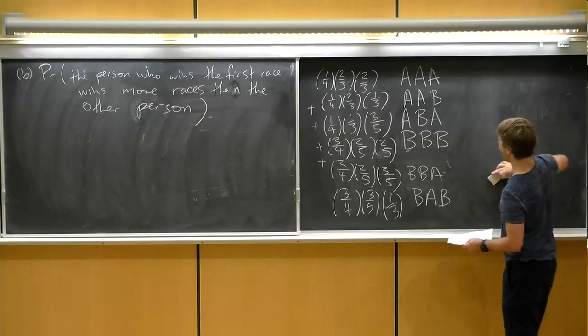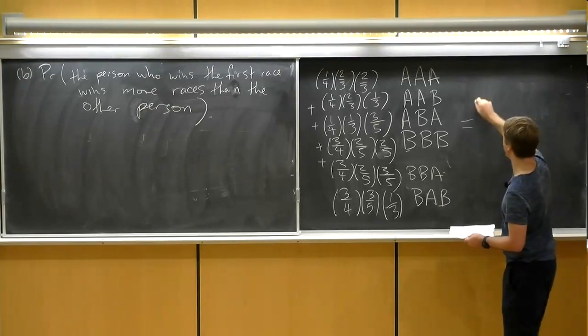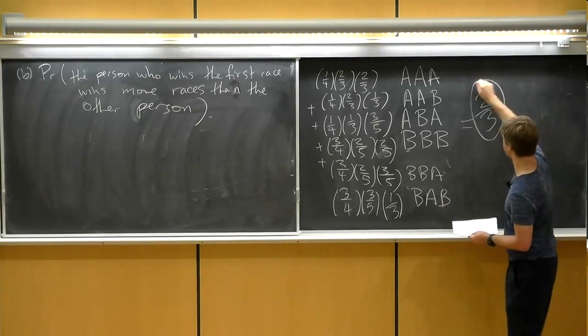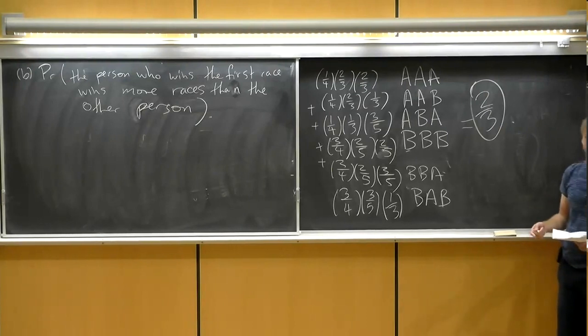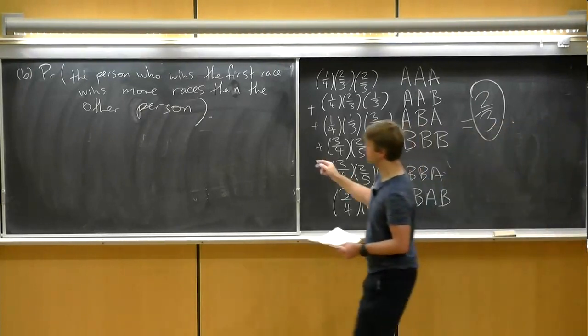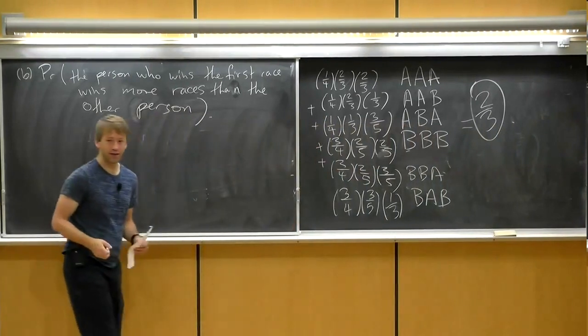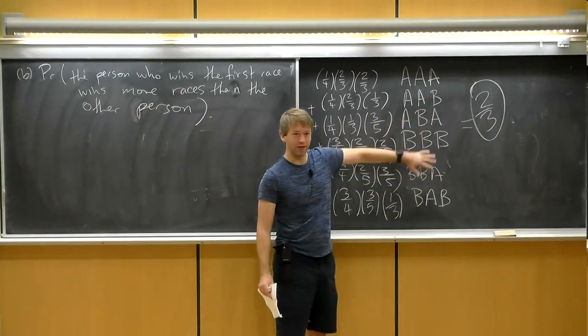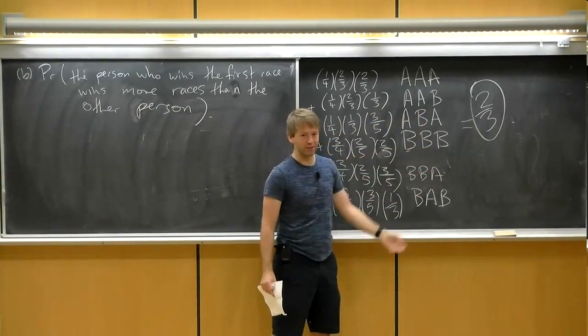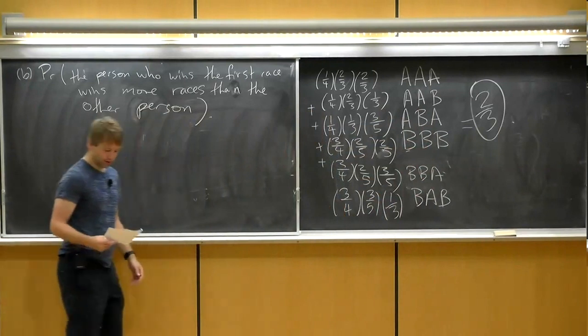Anyway, I think at the end of the day, you add these all up and you get 2/3. So 2/3 of the time, the person who wins the first race wins more races than the other person. Does that make sense? Or is it clear how I came up with these 6 possibilities? That's one thing you've got to be good at. You can't miss any possibility here, right?